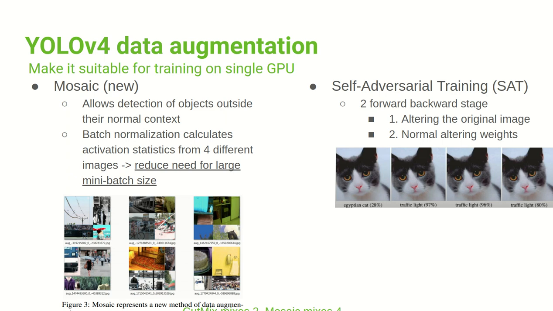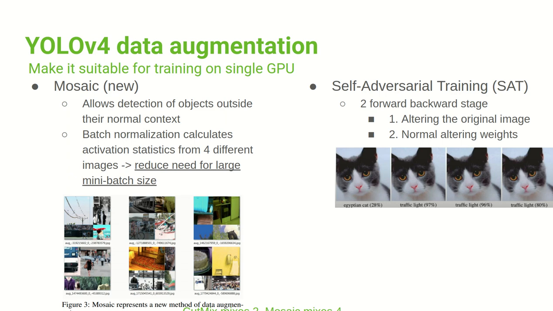And on the right-hand side, you can see the self-adversarial training. We know that the network tends to have very bad performance if you have very minimal perturbations of the image. So if the network detects a cat, with a minimal perturbation the network can totally mess up and say it is a traffic light.